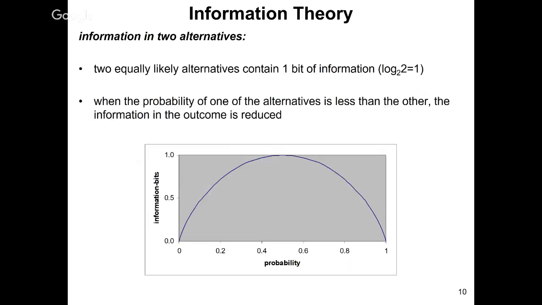Another word for the information is bits. That's how it's measured. When you're really pretty sure, let's say you've got probability of 0.99 that you're going to have 1, the amount of information you get is not very much because you're already pretty sure it's going to be 1. That's the way I conceptualize that.